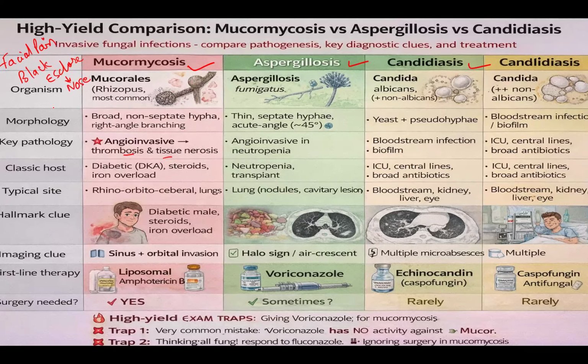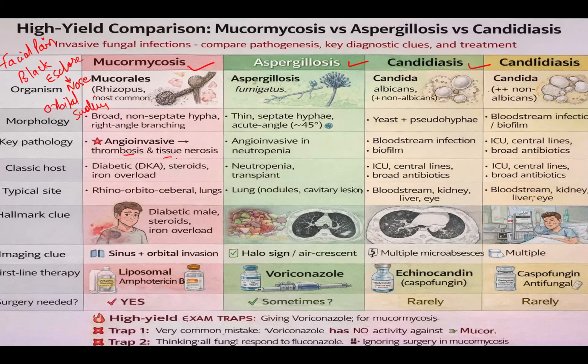There will also be orbital swelling. So these 3 complaints the patient will come to you with first and foremost: facial pain, black eschar, and orbital swelling or periorbital edema.